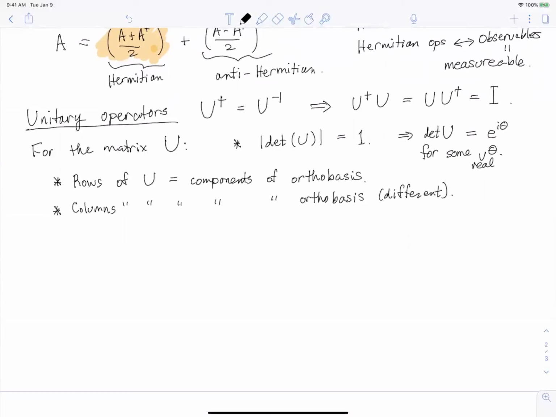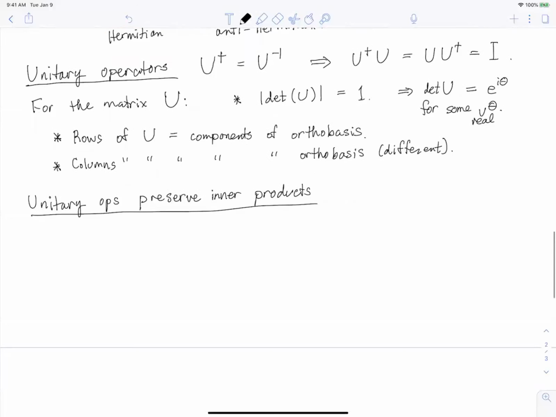A useful fact about them is that they preserve inner products. What does that mean? Let's suppose that I construct a ket V prime from a ket V by acting with a unitary operator.